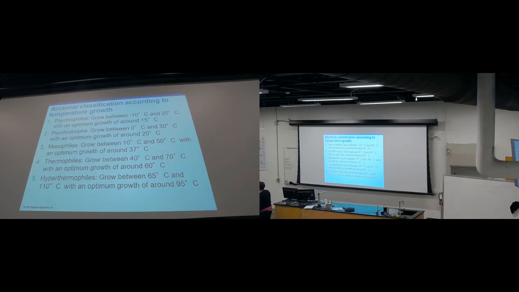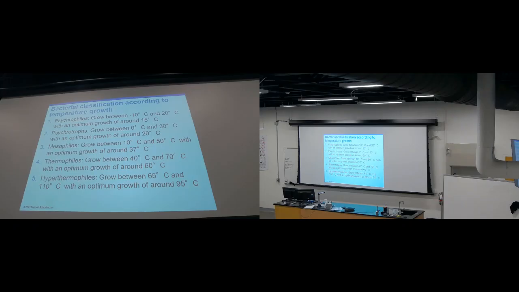So here is the bacterial classification according to the preferred temperature. We have some bacteria called psychrophiles. These psychrophiles can grow at a very low temperature, minus 10 degrees Celsius, with a maximum growth temperature of 20 degrees Celsius.